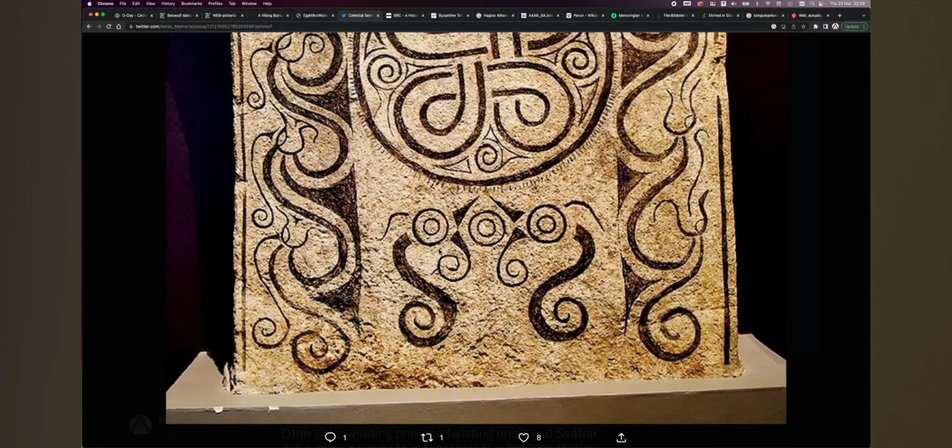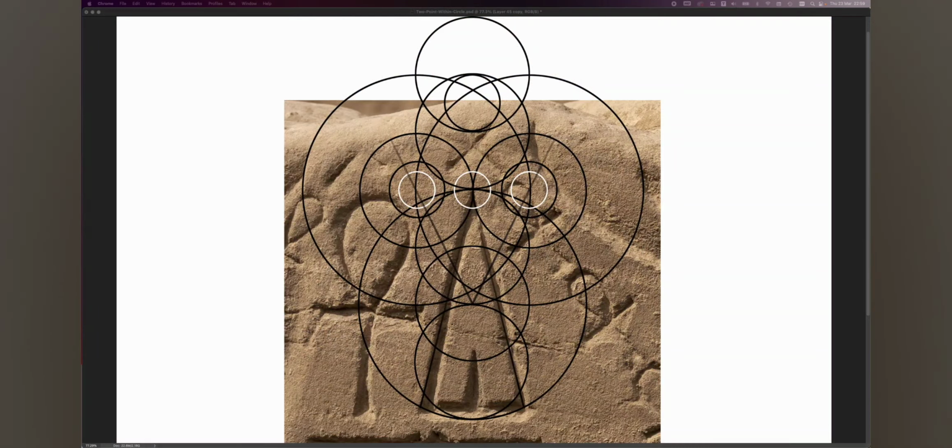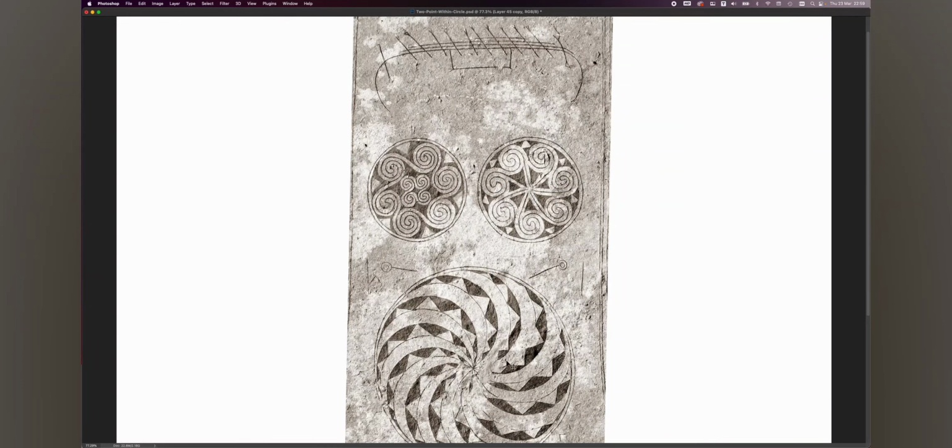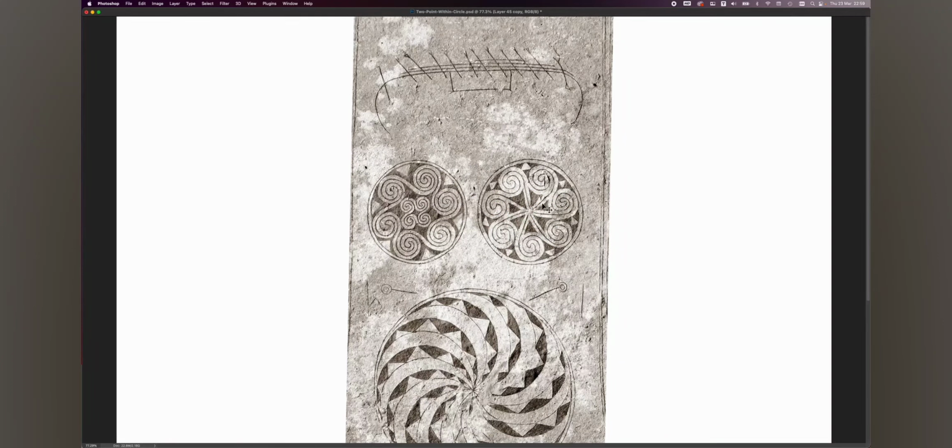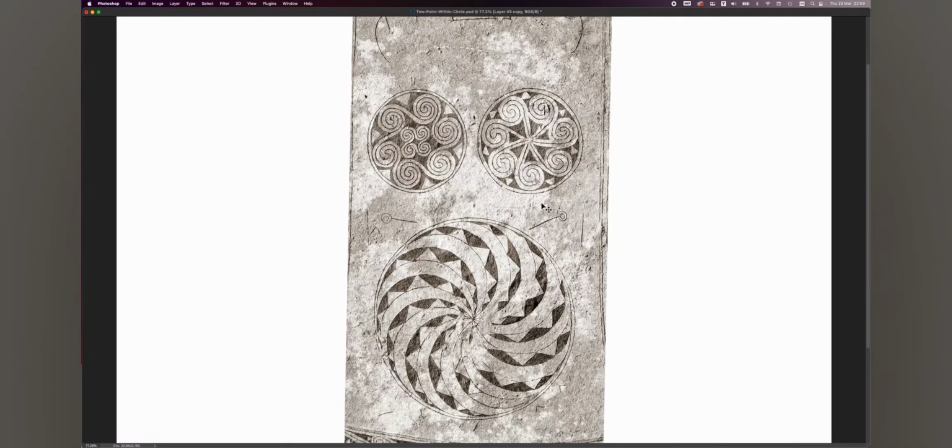So I can't dismiss this as not being an understanding of the D4D ratio that is necessary for the delivery of this technology. So I will go back to the image here, and I've got our Gotland slab here.